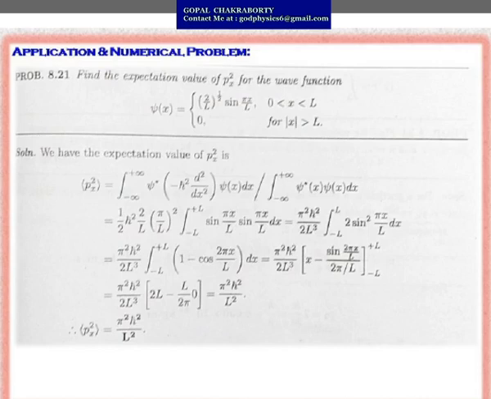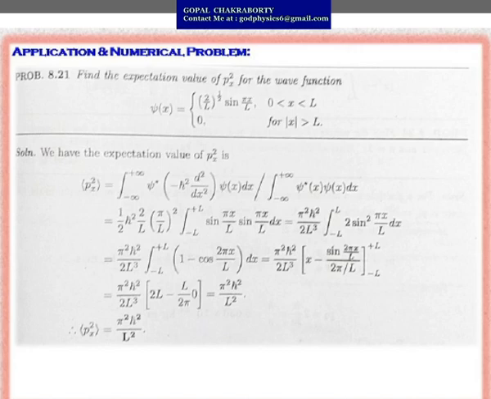So this is a similar problem. Find out the expectation value of px square for the wave function. So it's the square of the linear momentum operator. I have followed the last problem that I derived earlier, where you find the expectation value for the linear momentum operator.